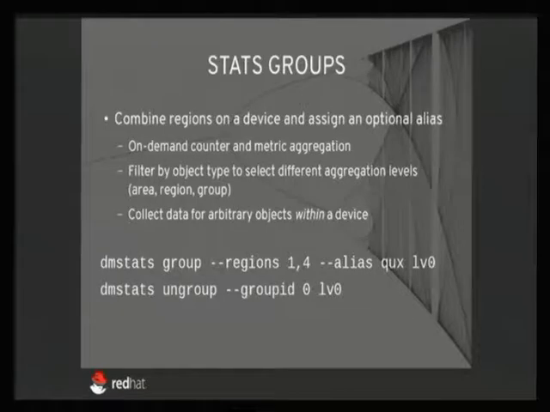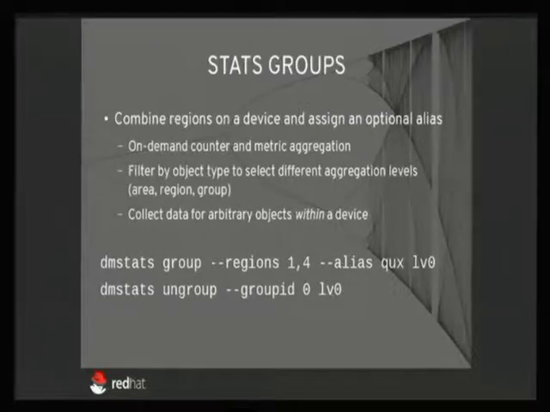It's real simple, though. You want to make a group, Dmstats group. Your regions list is in the same format as kernel bitmap list. If you've ever set a CPU mask in the kernel, like 1,2-4, I borrowed the code from them, so it's exactly the same. This identifies the set of regions we're going to group, and we can give them a friendly name, an alias.